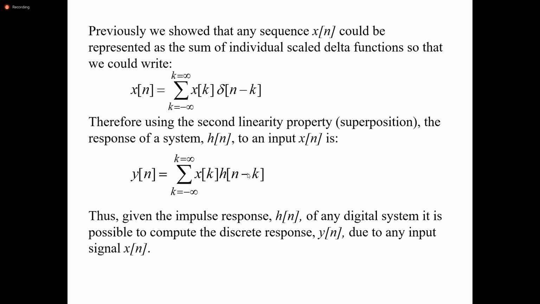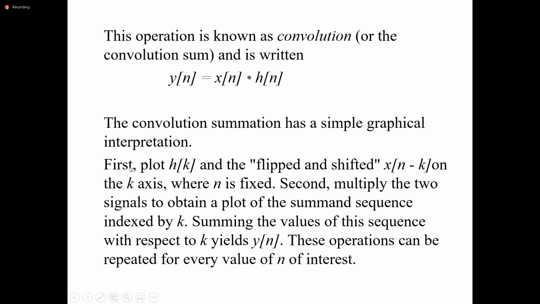And we see we have here minus k. So the first thing you would want to do then is flip all those values, as it says here. All right, so first you could plot h of k and then the flipped and shifted values of x of n minus k, right, where of course n is fixed, and then you go through all this rigmarole and all that.